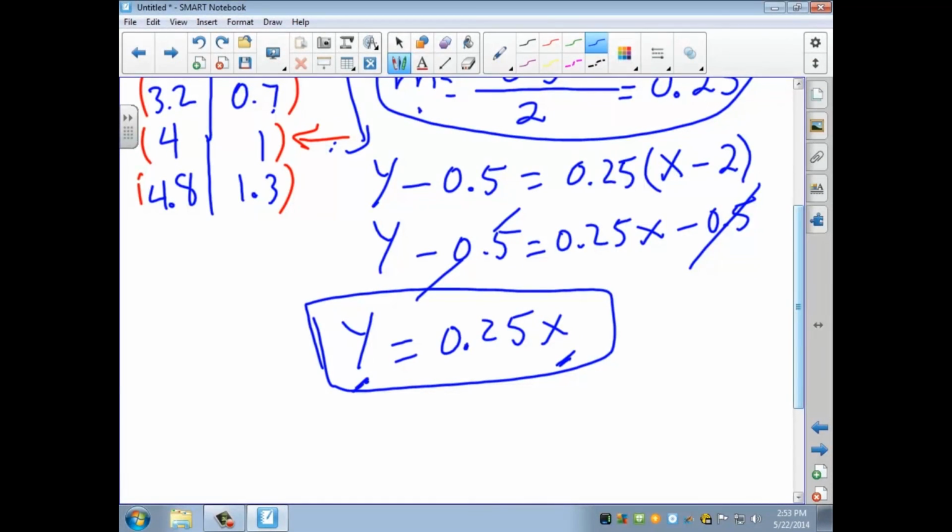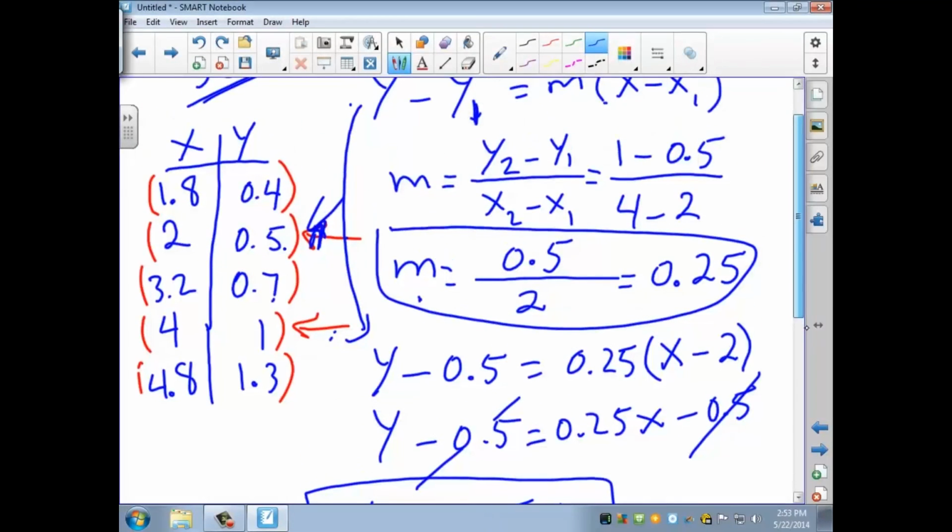Use this equation to predict the number of completed applications that might be expected if 6,400 brochures and follow-up letters are sent during the next year. 6,400. Now understand, when we did this, the number of brochures, this X, the numbers are in thousands, right?